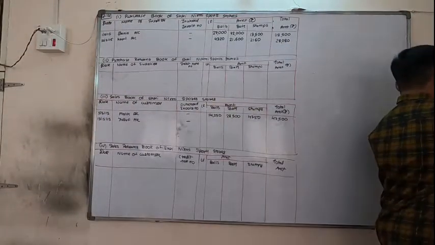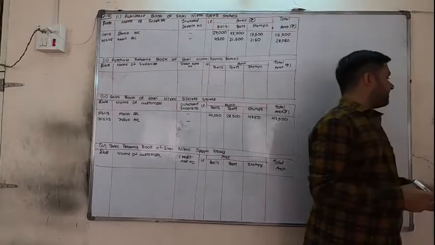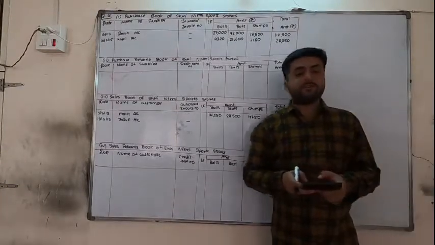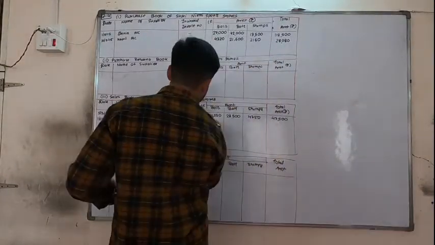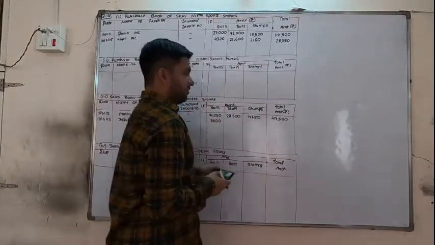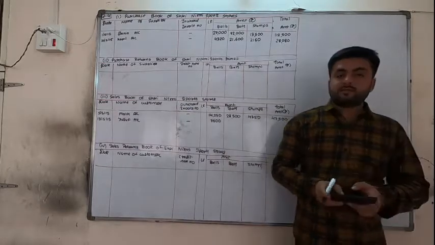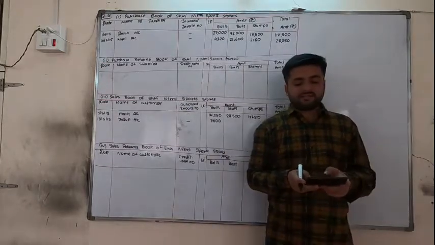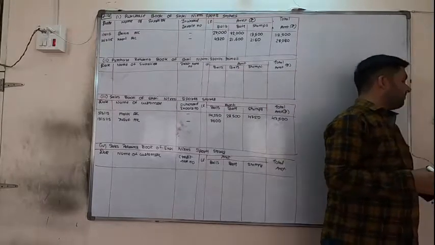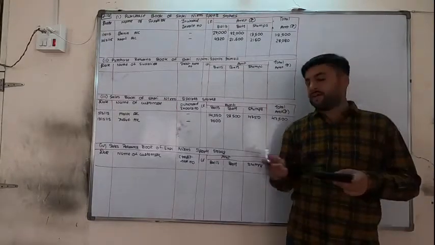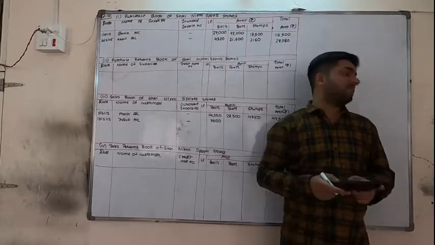Okay. Now for Yusuf, 40 balls at 200 per piece and trade discount is 5%, so 7,600. Sorry, by mistake, 40 into 200 minus 5% trade discount, so 7,600.